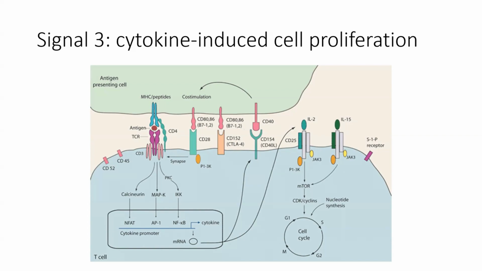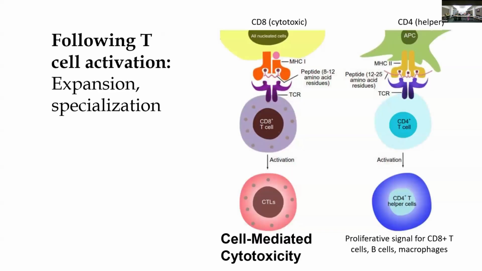If you're studying for your boards, probably the one you should know most is mTOR inhibitors, because we do take care of patients with hamartomatous syndromes like tuberous sclerosis. That's probably the big one that'll be on your boards. Just know that this is the third step after co-stimulation: you get proliferation because of cytokine release. So this is specialization of T cells.